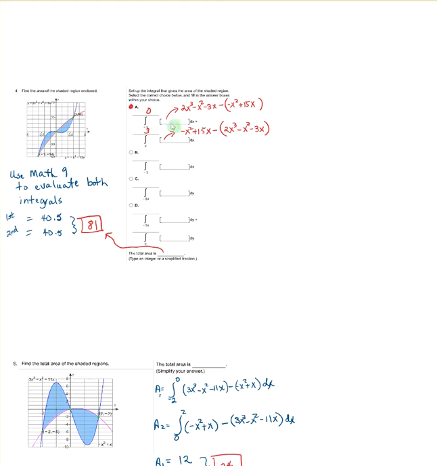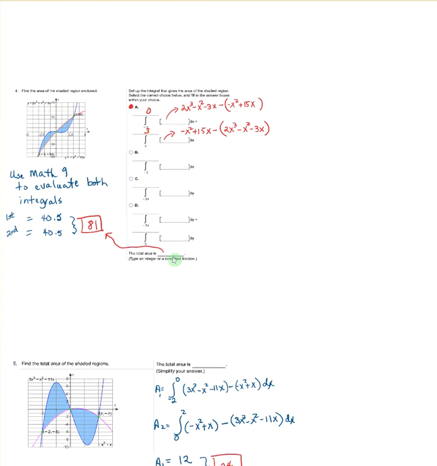This is the choice we make. On this piece from -3 to 0, this cubic is on top, so it goes first minus the parabola curve. Then on this piece from 0 to 3, the parabola part is on top, subtract the cubic part. So that's what they're asking you to do there.